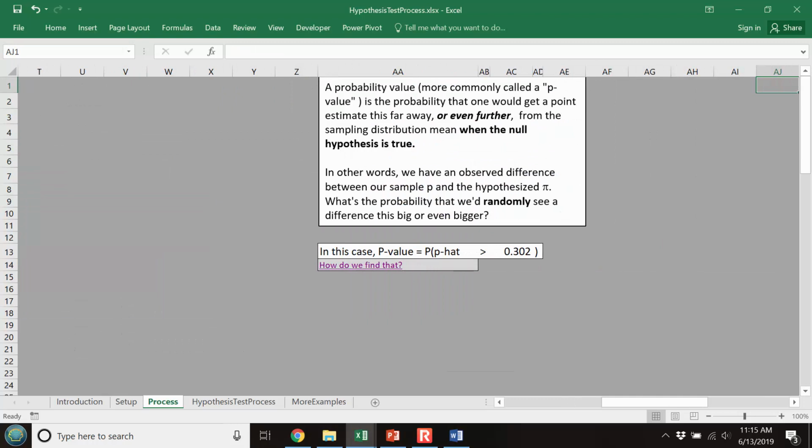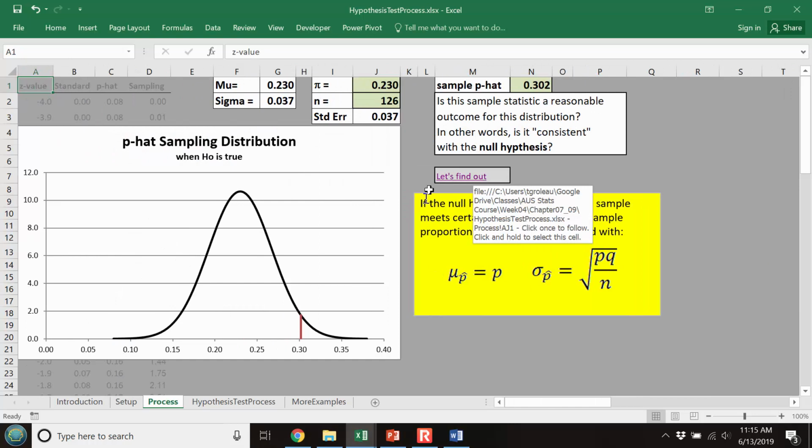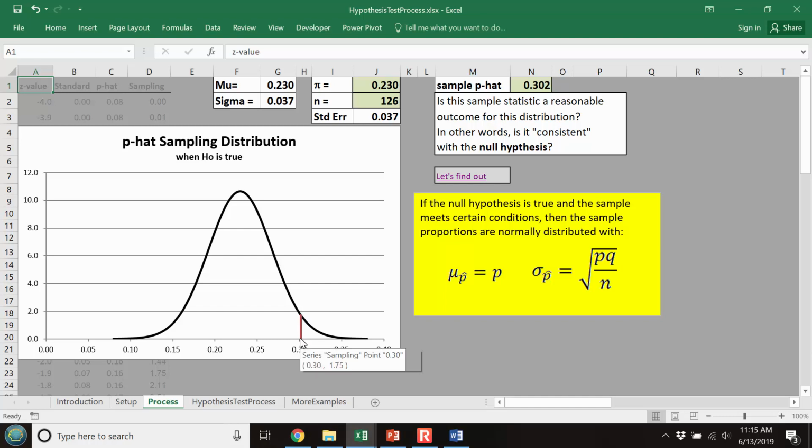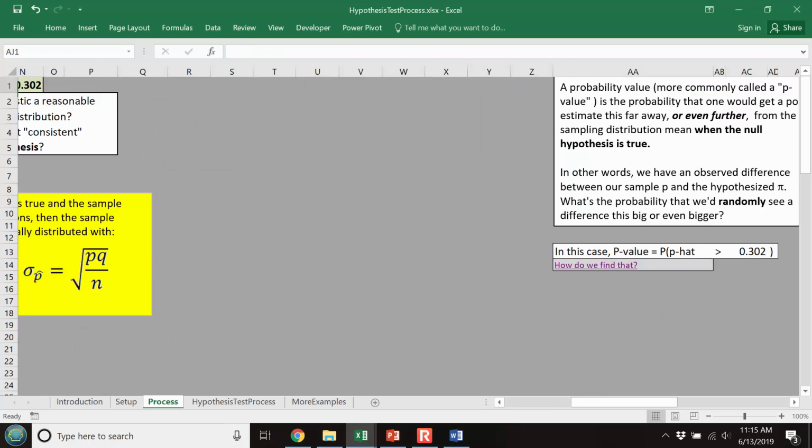We have to compute something called a probability value. It's the probability that one would get a point estimate this far away or even further from the sampling distribution when the null hypothesis is true. Let's go back in the picture, see what that means. It says if the null hypothesis is true, so this is the distribution of all the possible p-hats, the probability value is the probability of landing right here or further, but again only when this is true.